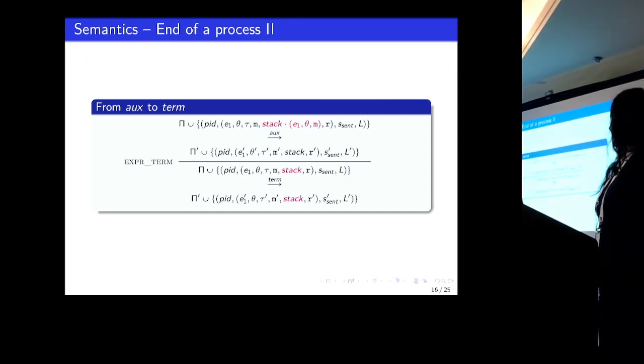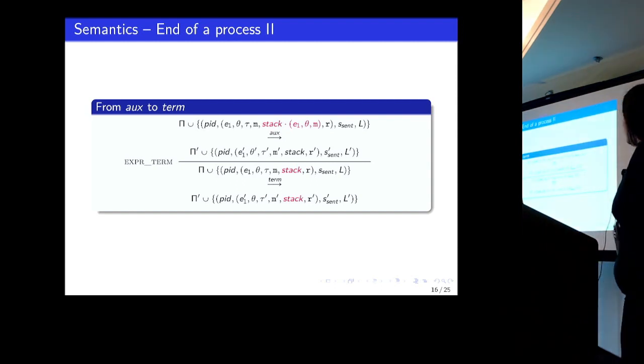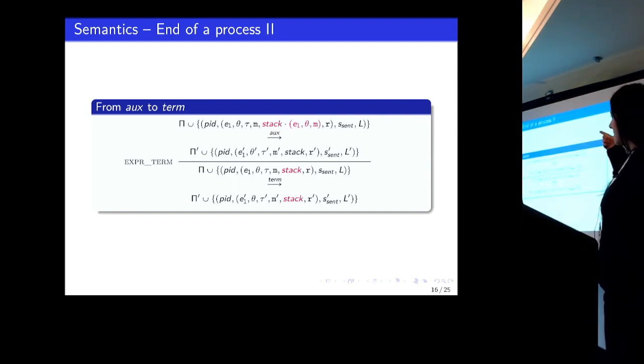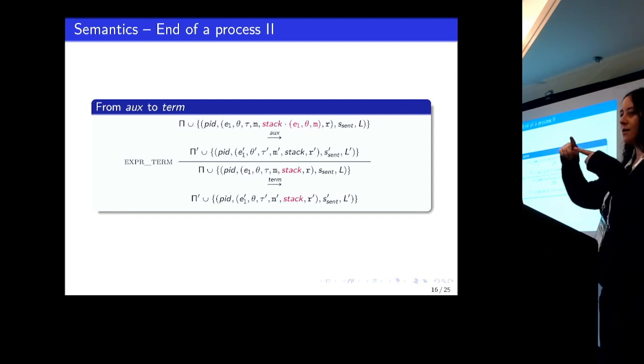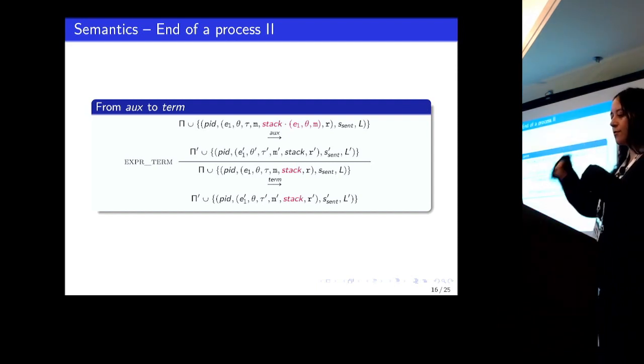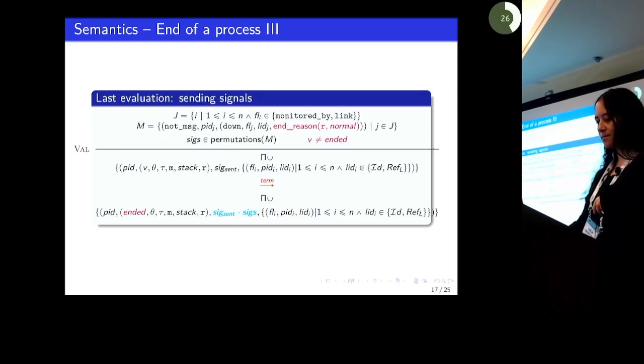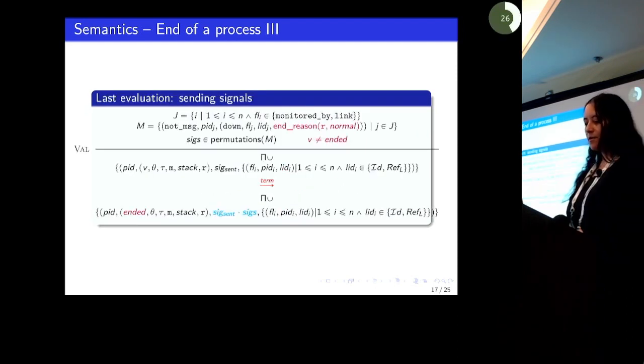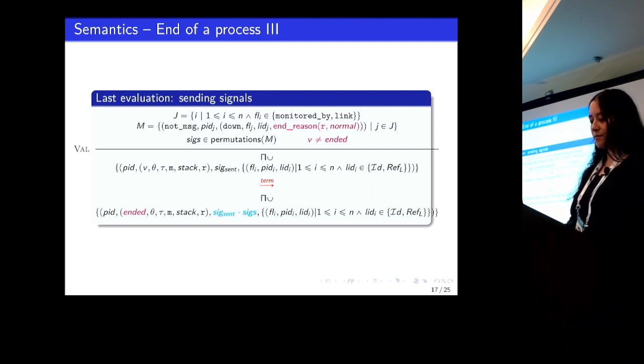We have two transition systems, so we need a rule which makes the bridge between them. It's the rule of X term. When we are using an auxiliary transition, this means that we are making a new call, so we have to update the stack. The only other rule of the terminal transition system is val, which is the rule that supports all the sending of signals when the process terminates.